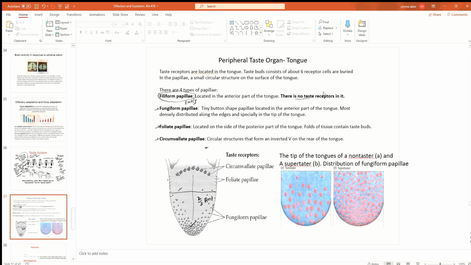Some are along the edge, not in the center, and many are in the tip area, or most front part of the tongue. If you open a fungiform papilla, each one contains 3 to 5 taste buds.